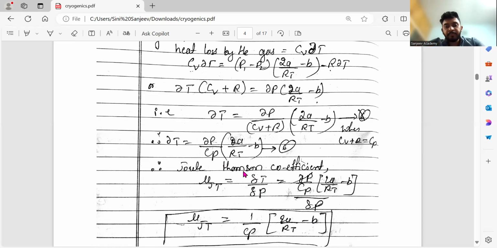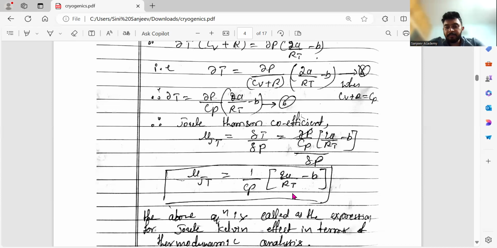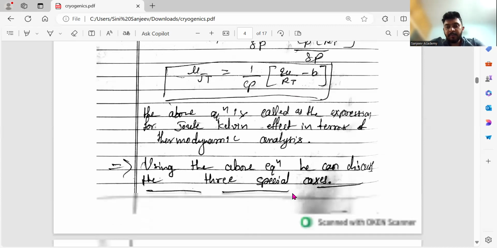This is my dot T by dot P, that is my Joule-Thomson coefficient. So if I'm dividing by dot P, this dot P and dot P will be cancelled. So I'll be getting this C P. So this is the important derivation in this chapter.